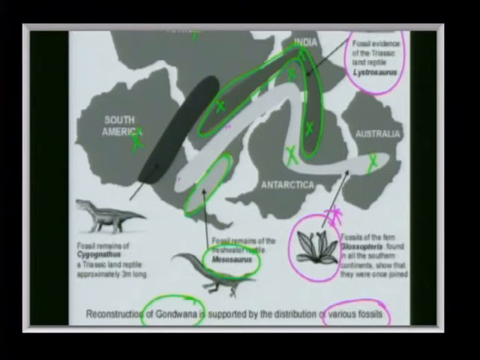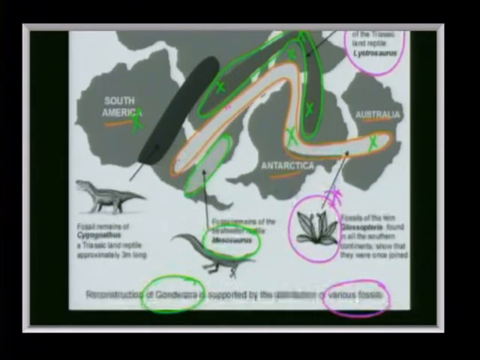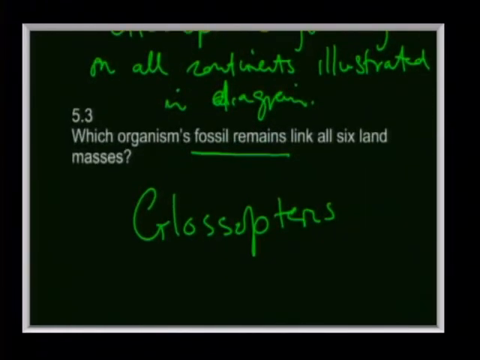I'll just change the color just to indicate. There we have this mass here. And you can see it's present in Australia, Antarctica, India, Africa, and then South America. So our answer there is Glossopteris.